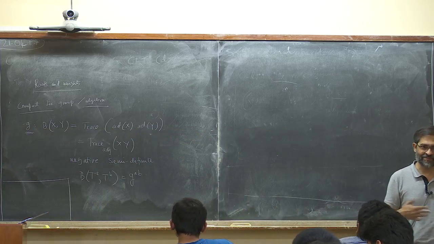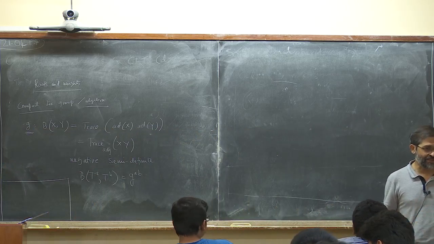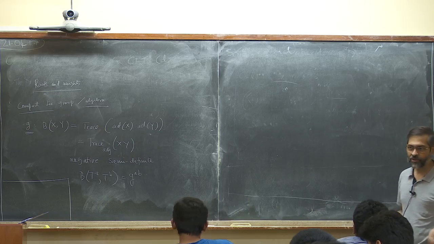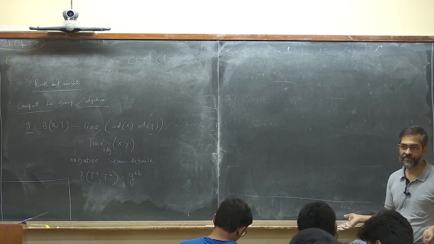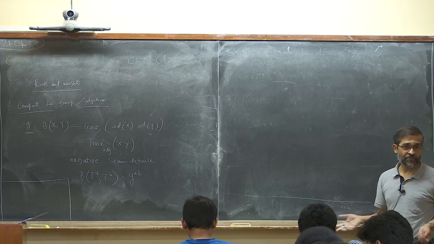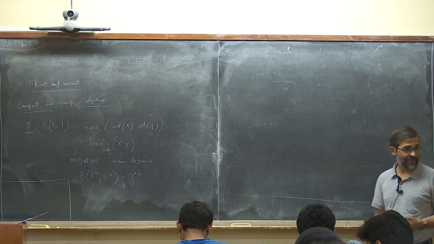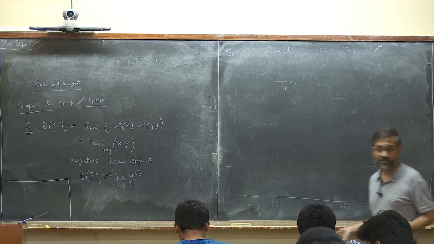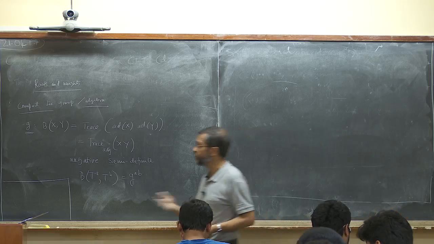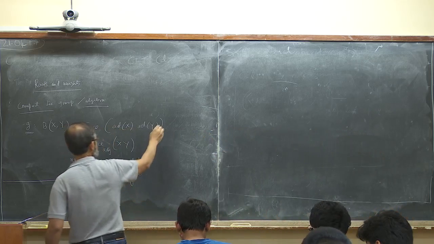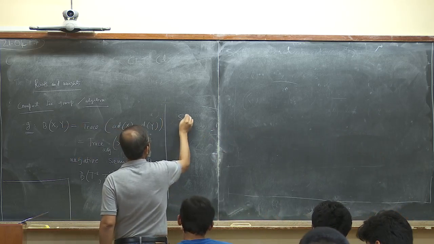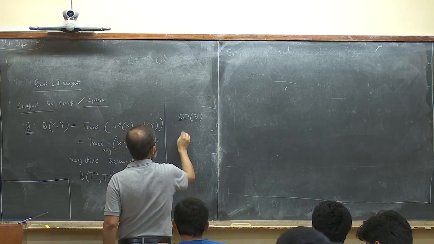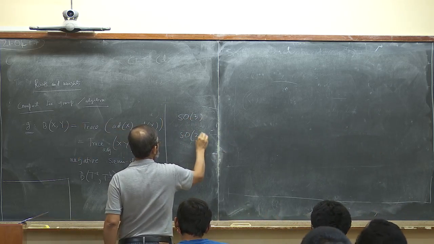It's some angles, so that's a compact Lie group. On the other hand, if you have boosts, the boost parameter can be any real number, so that's a non-compact space. So for example, SO(3) versus SO(2,1).